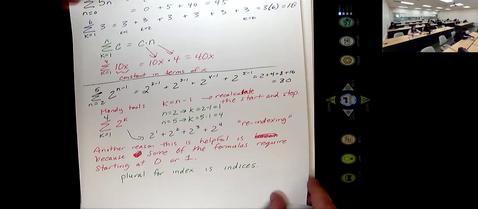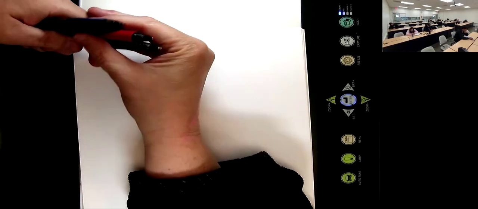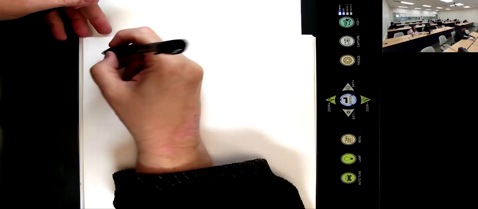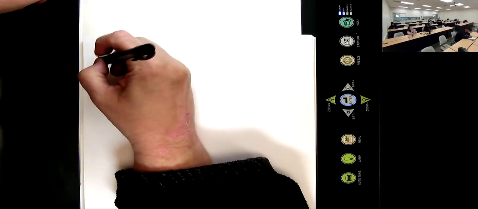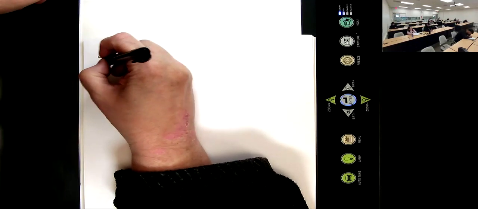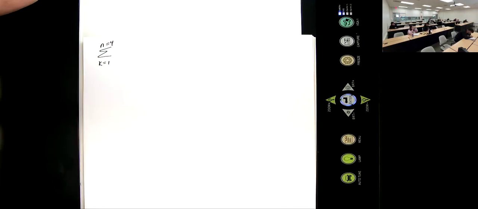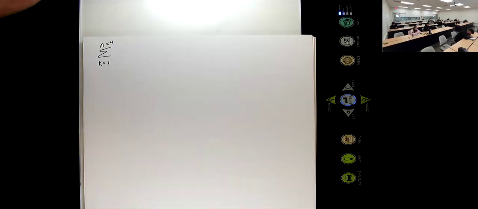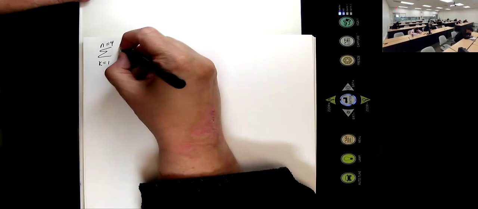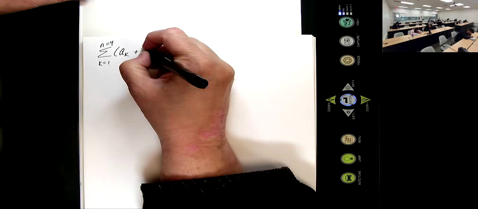Let's do k equals 1, and I'm going to say n equals 4 right here, just so we don't have to write a bunch of them, but I want you to know that it does work through n. Let's say we had the sum of a sub k plus b sub k.